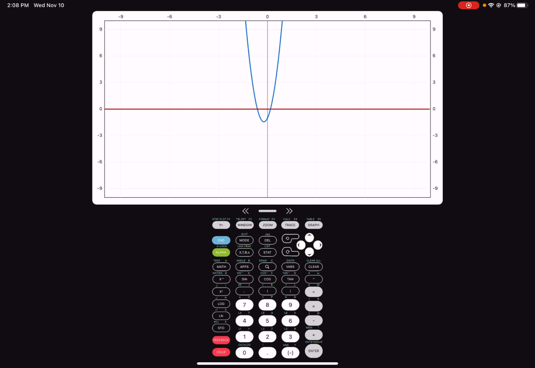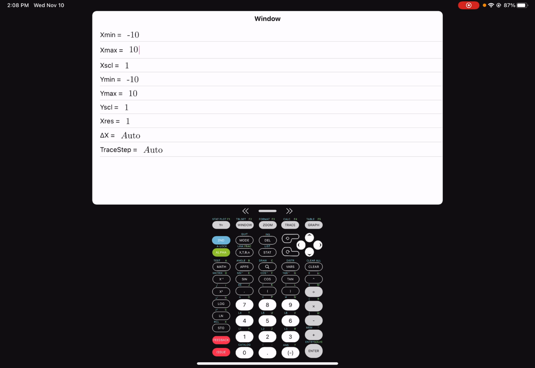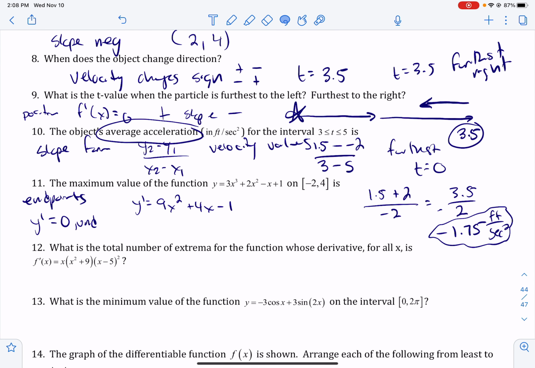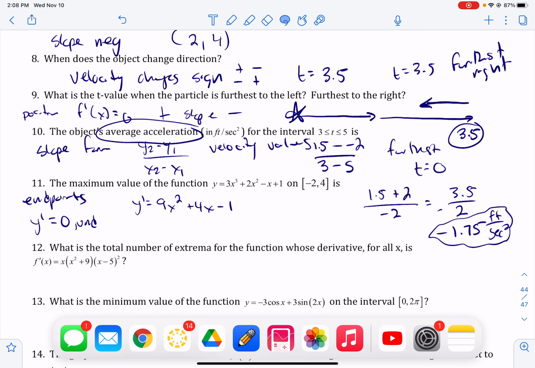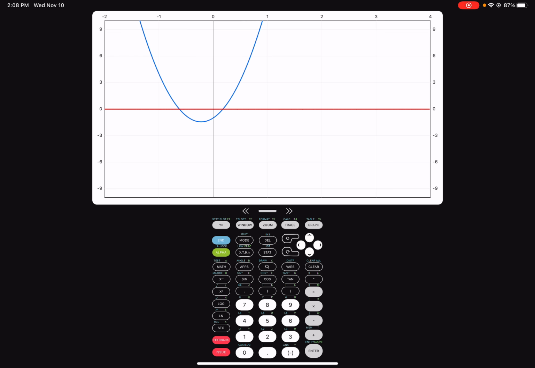Actually, let's change our window because I've got to double check, we're going from -2 up to 4. So I'm going to change my window. My x minimum I want to be -2, and my x maximum I want to be 4. And now let's graph it.